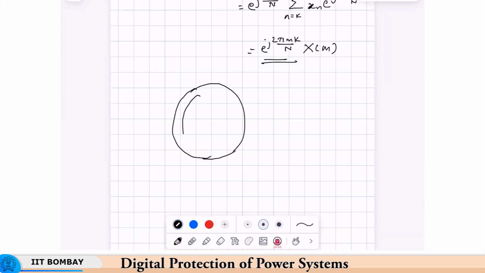So, let us say that we have samples, a very simple and elegant proof, x 0, x 1 and so on up to x of n minus 1.